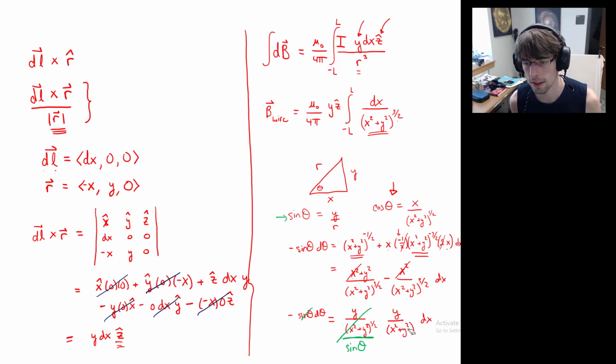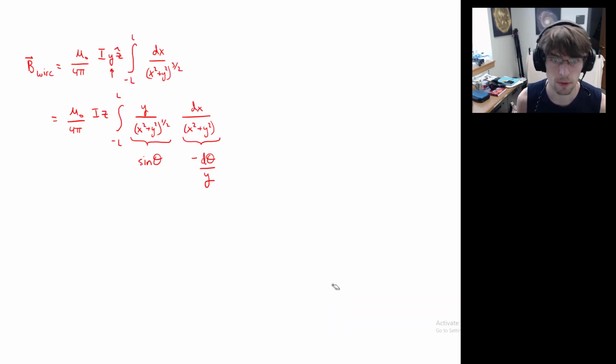Right? Let's see here. Dx divided by x squared plus y squared equals negative d theta, and we have to move the y over to the other side. So we have this. Well, goody goody, we're home free now.